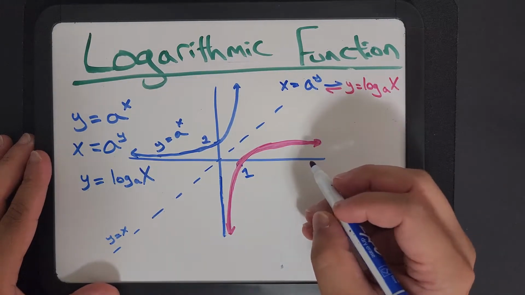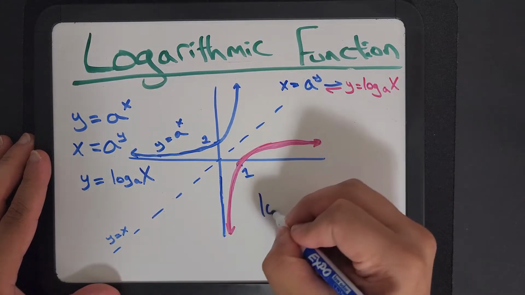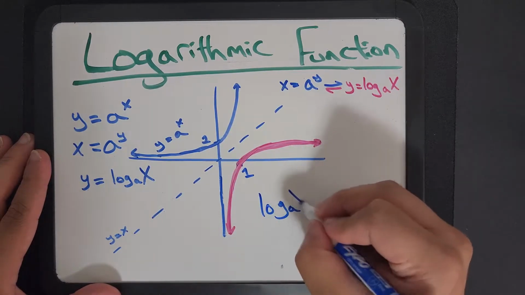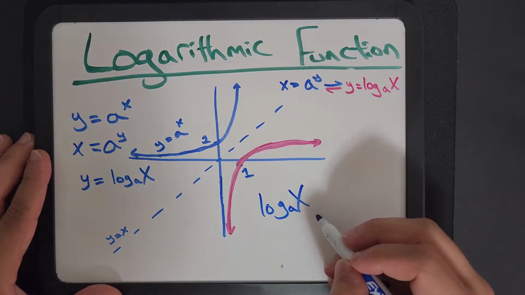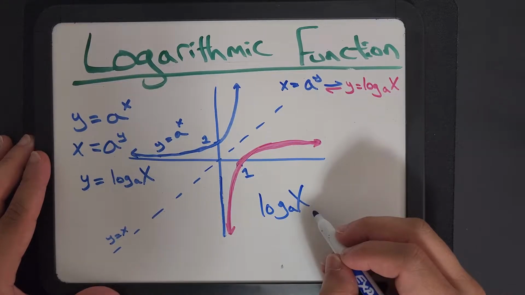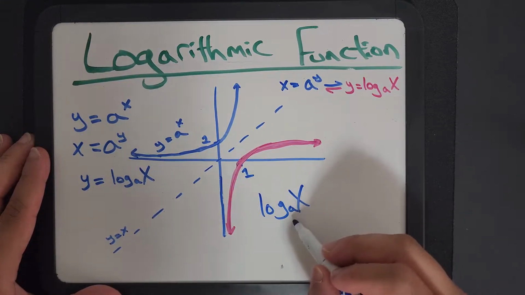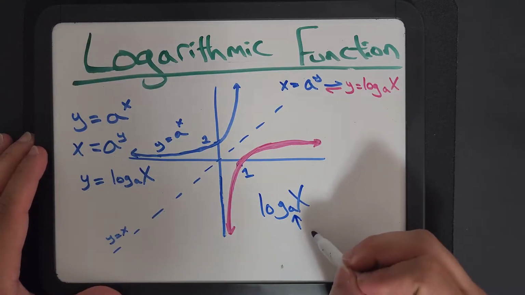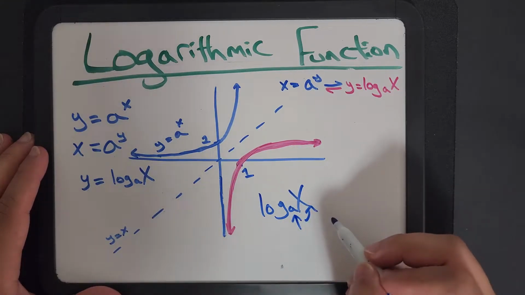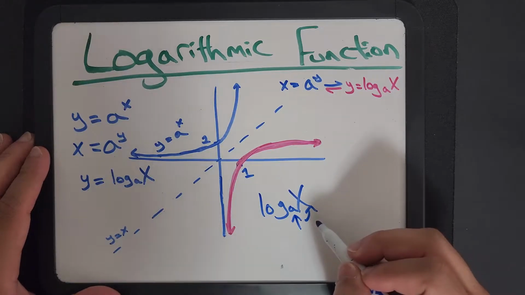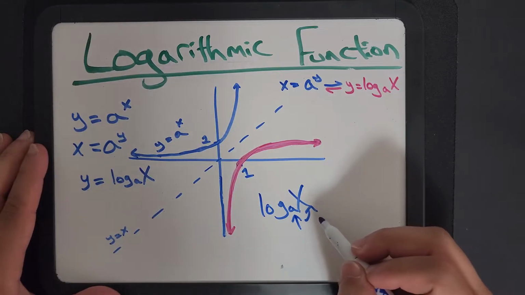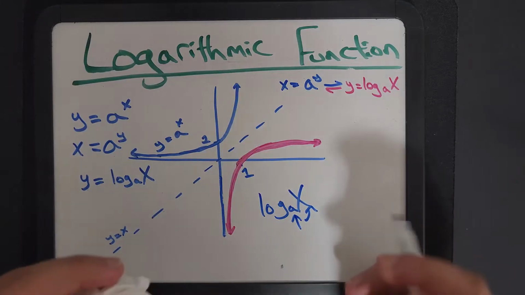The expression log a of x means the exponent that must be applied to base a to get the value of x. If that didn't make sense, this will.